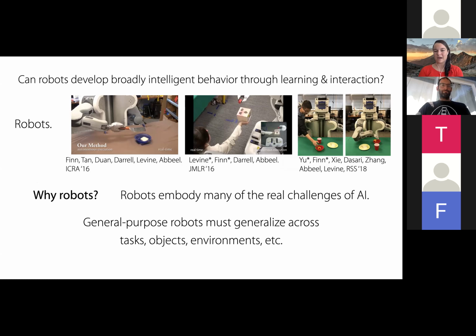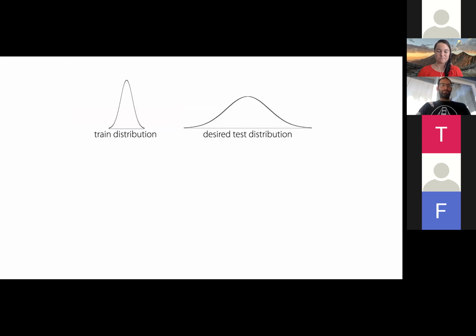If you want to deploy a robot into human environments, you want them to be general purpose, such that they generalize across tasks, across objects, and across environments. I think that this goal challenges a lot of the core aspects of our machine learning algorithms today. This also motivates a lot of the work that we've done on the topic of symmetries and data augmentation.